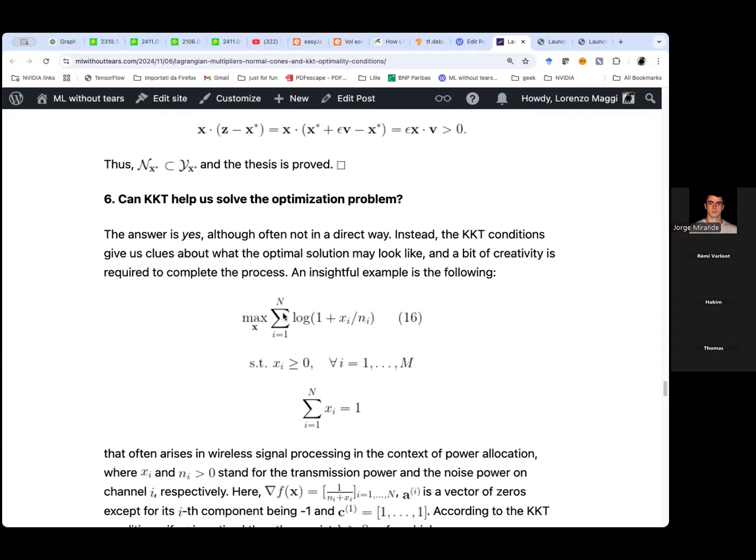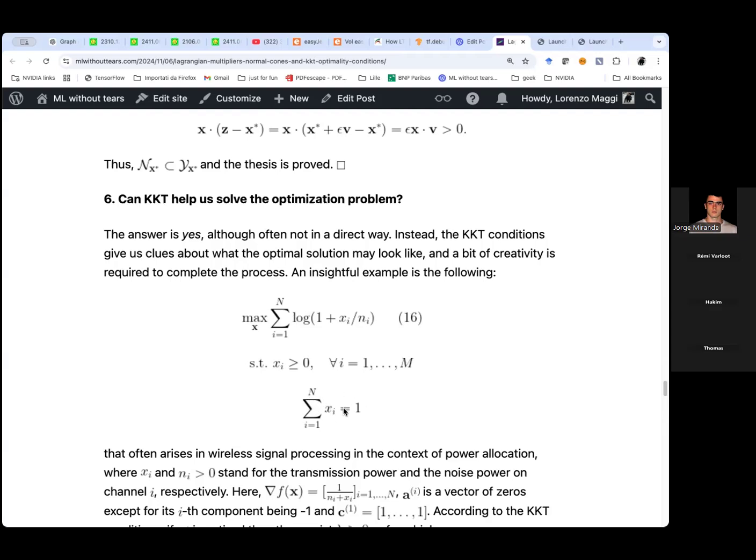So let's look at this optimization problem that, for those who work in telecom, you may have already recognized. One can interpret this as the rate, the classic Shannon formula. This can be interpreted as the transmission power times the channel gain. This can be interpreted as the noise power.